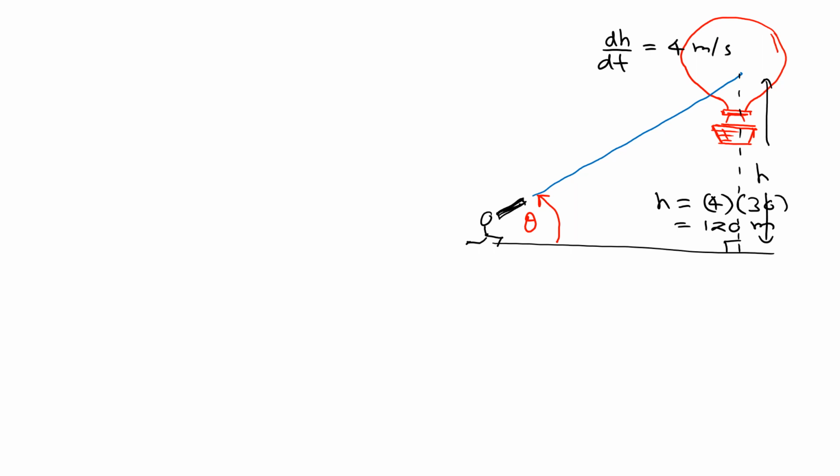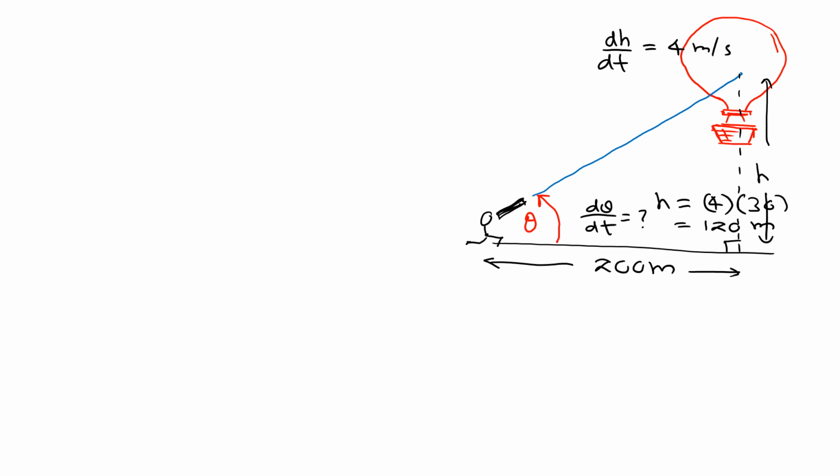We also know that this is 200 on the ground. There are assumptions: we assume that the height of the observer is 0. Those are basic assumptions. And what we are looking for is d theta over dt. So let's try to relate those variables, for example h and theta.